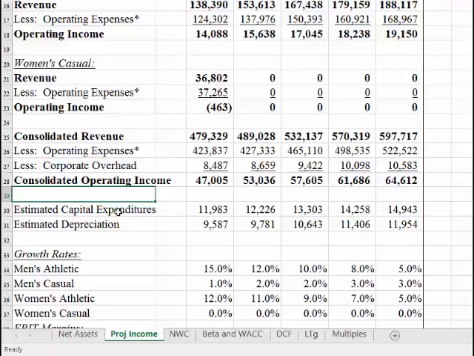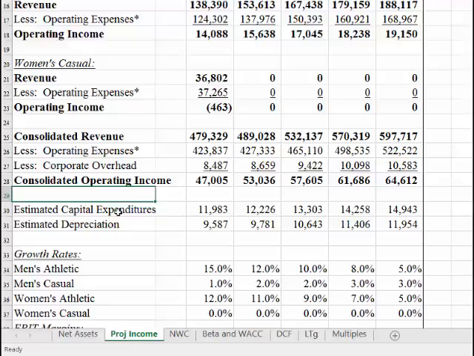So they're in a long-term growth mode. What would the capital expenditures look like? Well, if you think about what depreciation is used for, it's used to replace worn-out equipment. So if you're not growing, you still have to have some level of capital expenditures to replace what's wearing out. So in that situation, your capital expenditures could equal your depreciation expense.